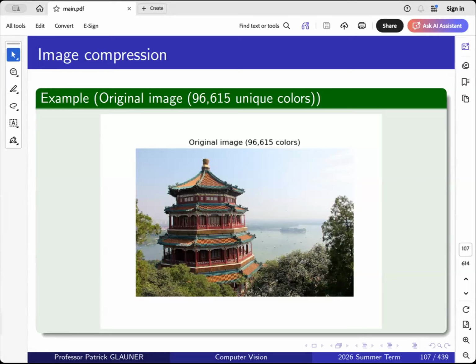I split the R channel into 10 intervals, then the G channel into 10 intervals, and the B channel into 10 intervals.